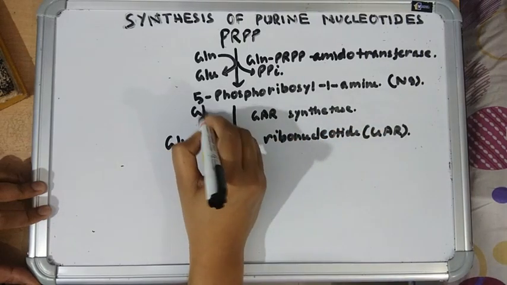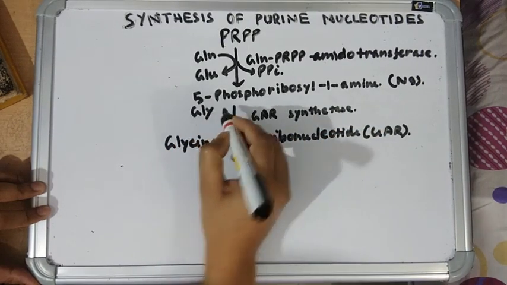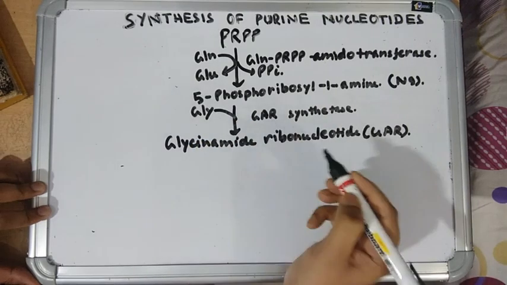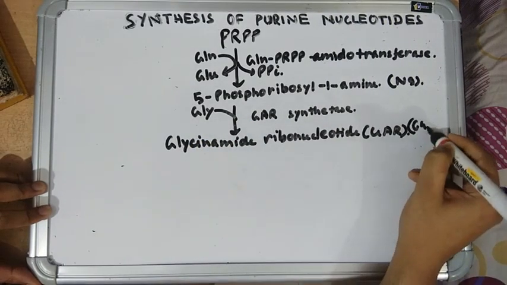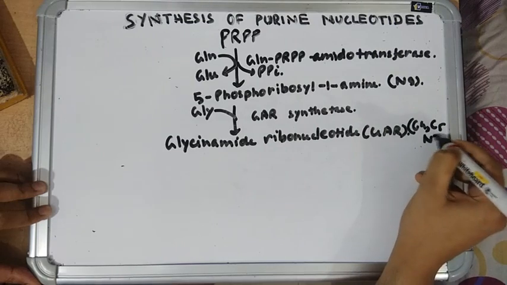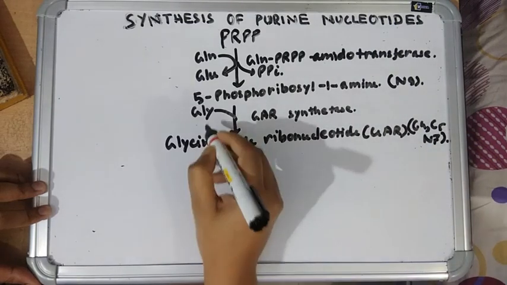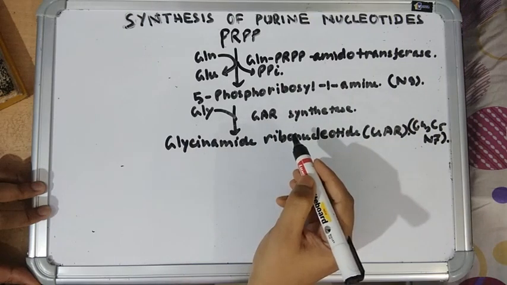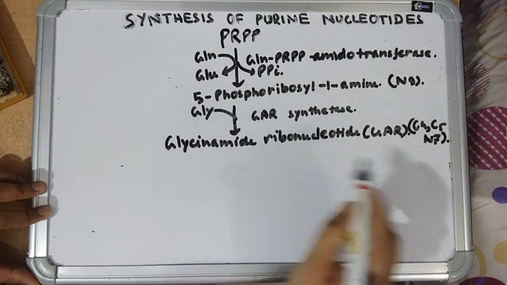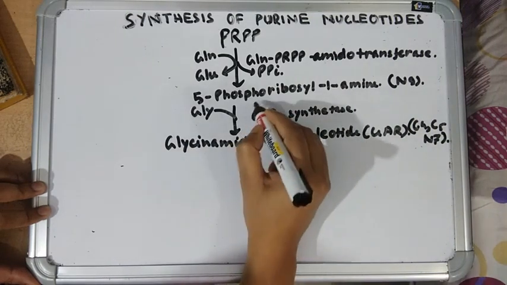Here, glycine provides the C4, C5 and N7 of the purine ring. So glycine combines with 5-phosphoribosyl 1-amine to form GAR. Here ATP is required.